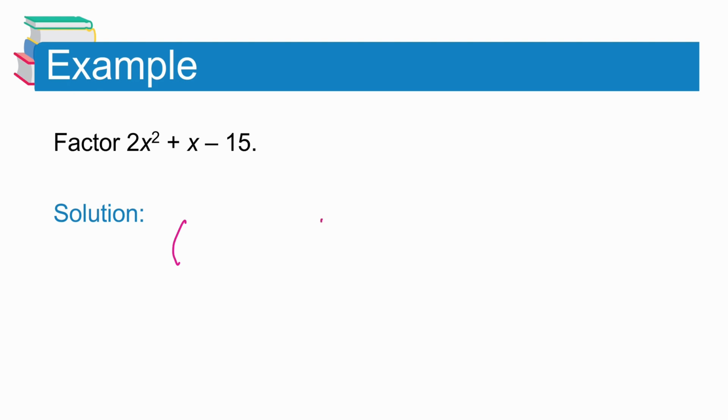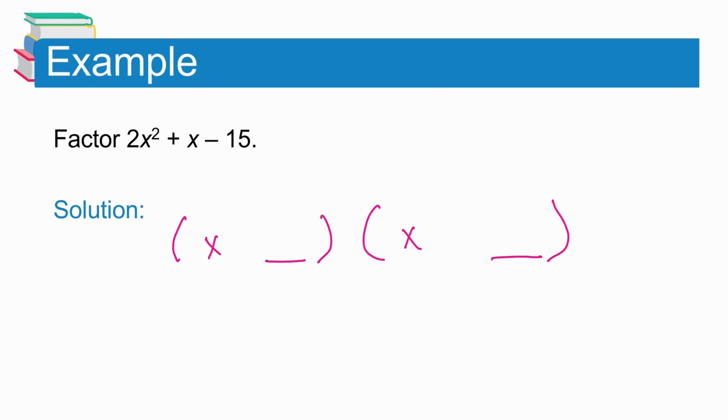And so, we will always have our spaces, and we'll have something times x and something times x, or maybe just x. And then we'll have plus or minus, and then the number here. So we're kind of filling in the blanks. I know that I want to try 2 times 1 because this is a prime number, and so 2 times 1 must work. And then we need some combination of the 3 and the 5, most likely.